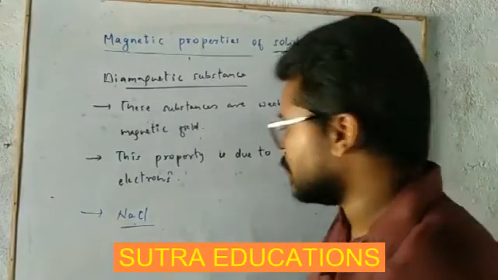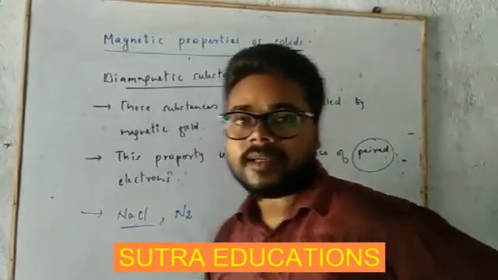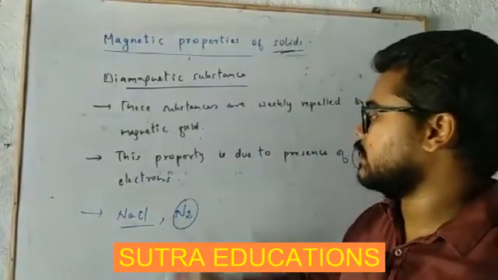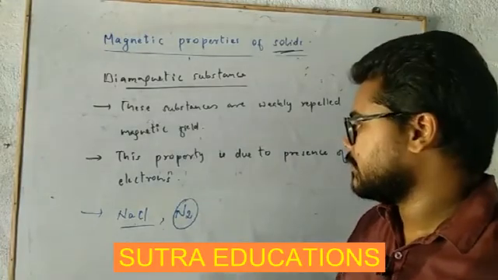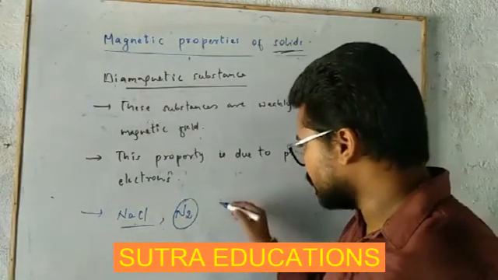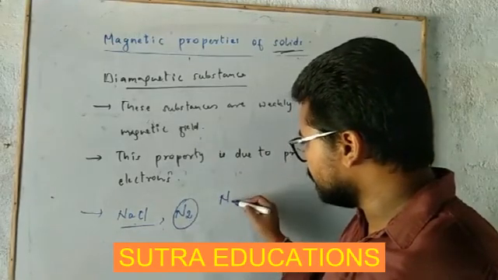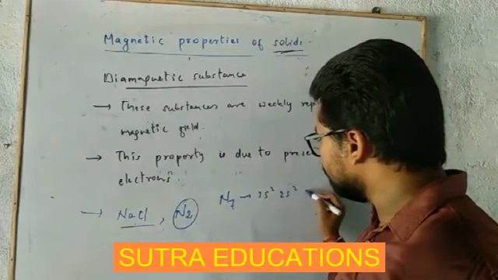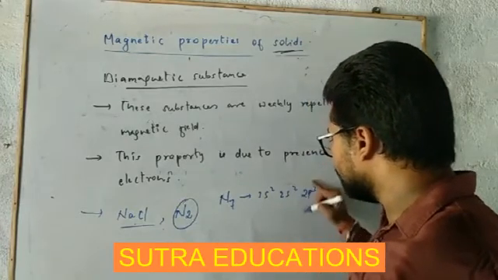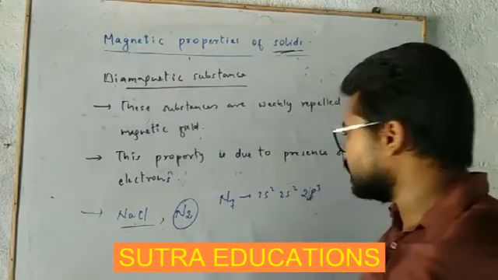Then you can say N2. N2 is also diamagnetic. Okay, how N2 is diamagnetic? If you draw nitrogen, then it will become 7, means 1s2, 2s2, 2p3.